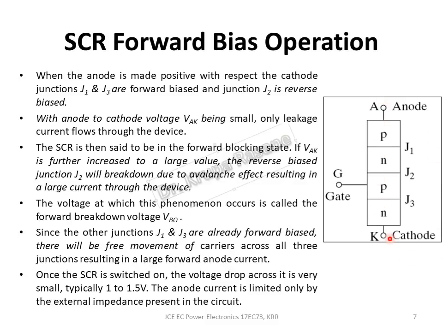Once the SCR is turned on, the voltage drop across it will be very small, and that is the on state voltage, typically 1 to 1.5 volts. The anode current is limited only by an external impedance present in the circuit. So if I want to reduce this current, the only way is to put a series resistance with the supply, which will reduce the current through the anode.